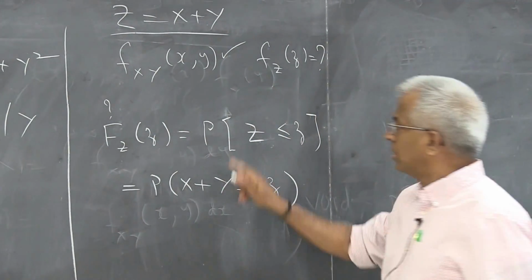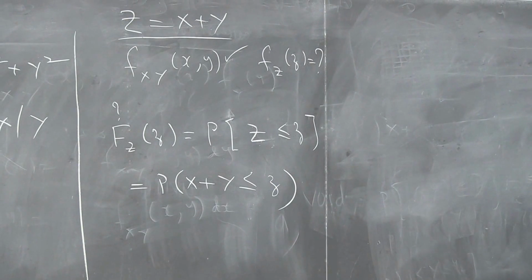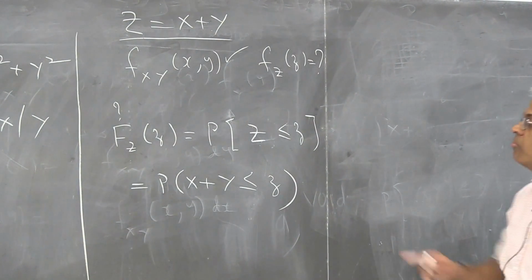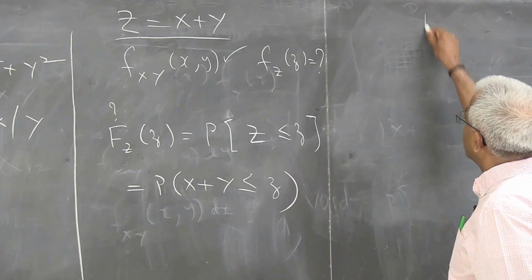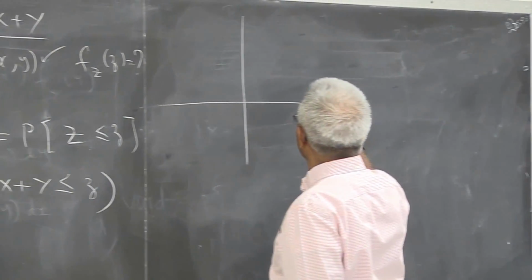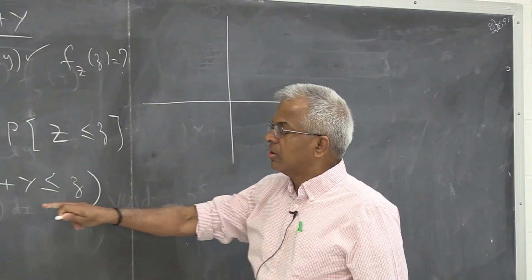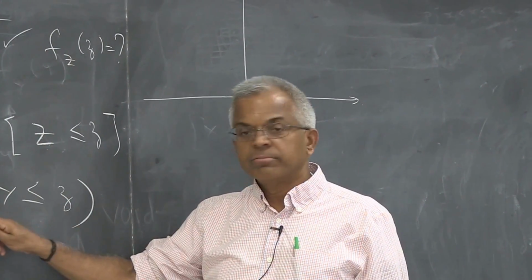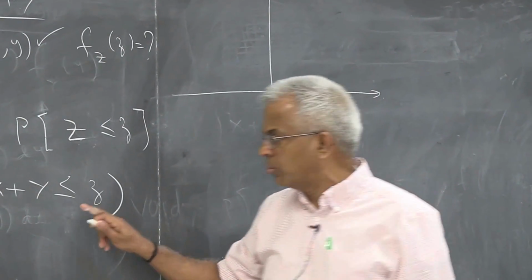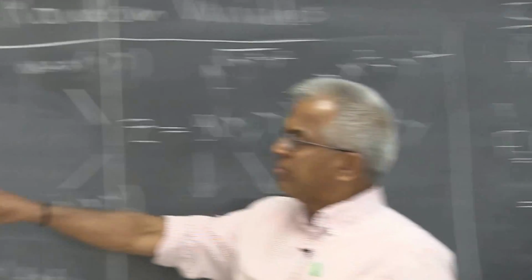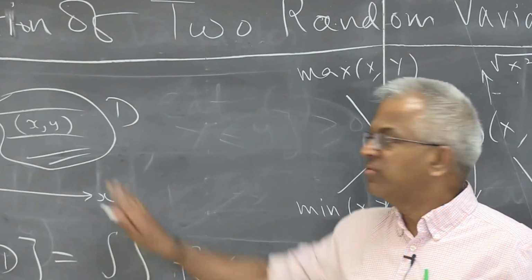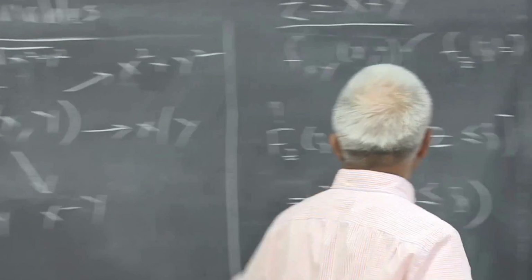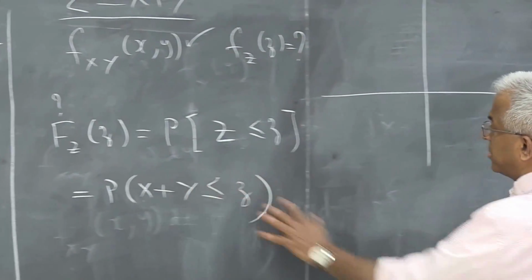What we do next, especially with two random variables, is to find out in the two-dimensional plane the region where this inequality is satisfied. Once you find the region, we can use this concept: if I know the region, I'll integrate over that region. Remember, after all, I'm trying to find the probability.